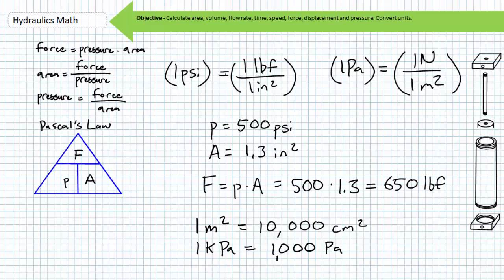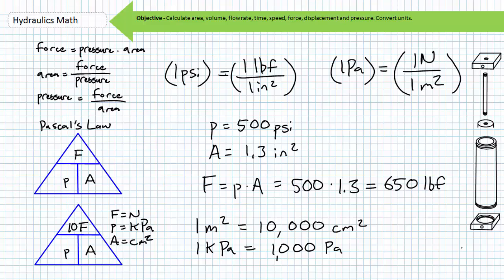If that wasn't enough, since the Pascal is so comically small, pressure is typically measured in units of kilopascals, where 1,000 pascals is equal to 1 kilopascal. Long story short, the conversion from square centimeters to square meters and from kilopascals to pascals run headlong into each other, such that 10 times the force equals the pressure times the area.